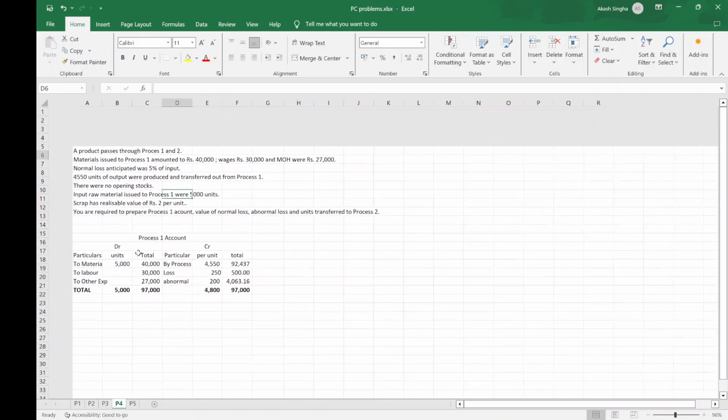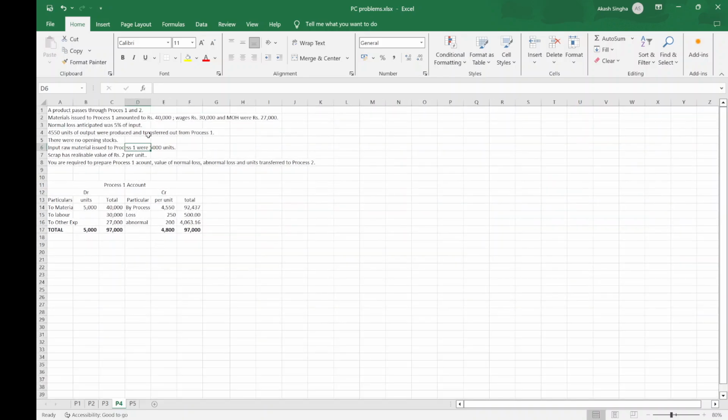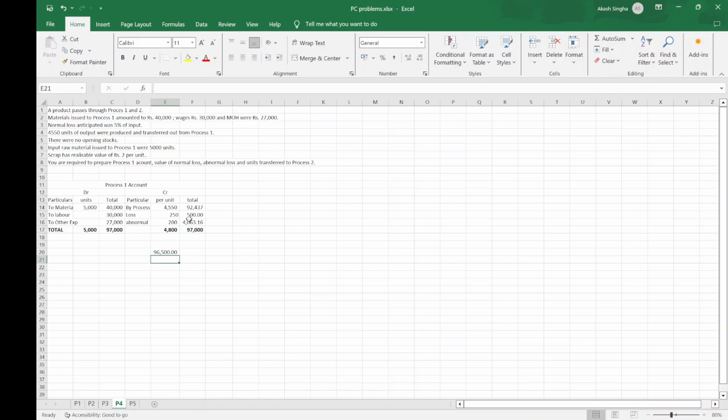Problem 4 is given as the same, 250 and 4500, but here 4550 units are produced. So we know for 250 it's 500, right? Now this value we can calculate from the formula: 97,000 minus 500, and three terms are there. Another one is 5,000 minus loss, and here it is this into 5,000, total processed to process 2 is 4550.